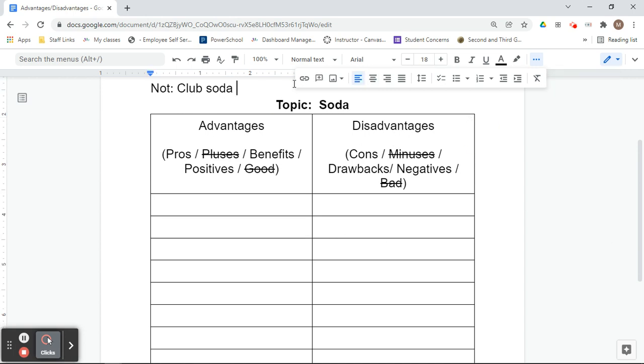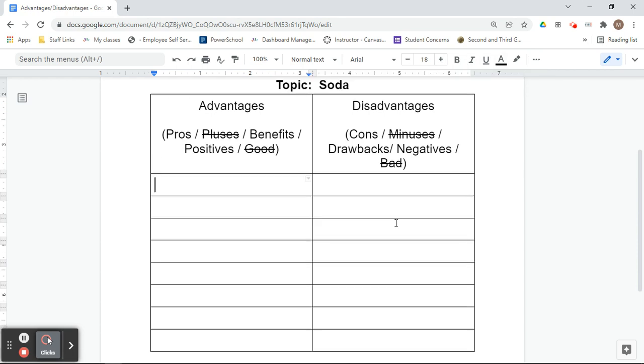That may be a good place to start. Some ideas we might have: basically, you have variety. When you drink soda, there's a variety of options for you.